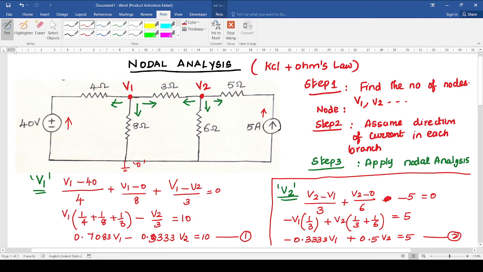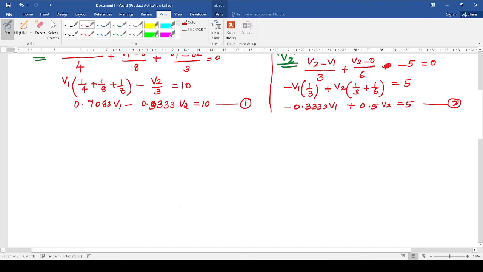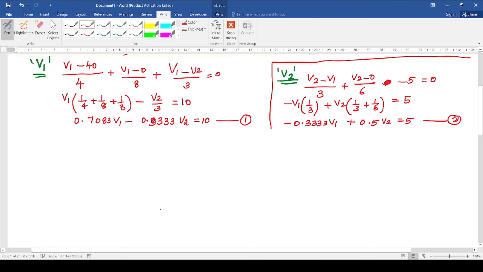So after getting these two equations, I am going to apply the matrix method to solve them. So I have to write the equations separately. First equation is 0.7083 V1 minus 0.3333 V2 equal to 10.